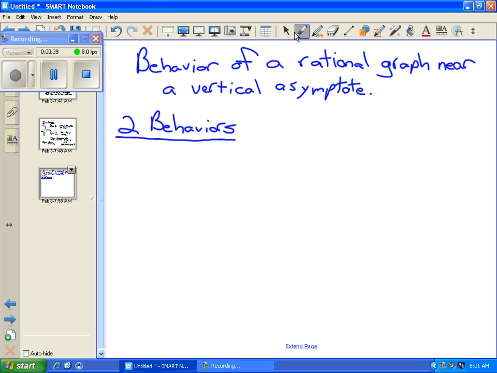One behavior is the graph will go up to infinity. And the other thing is it could go down to negative infinity.